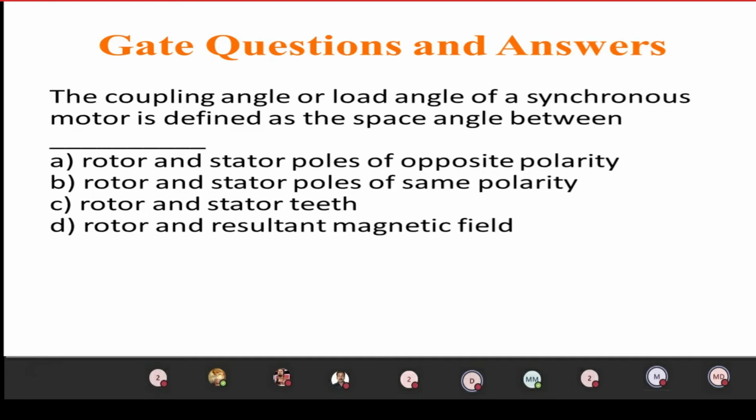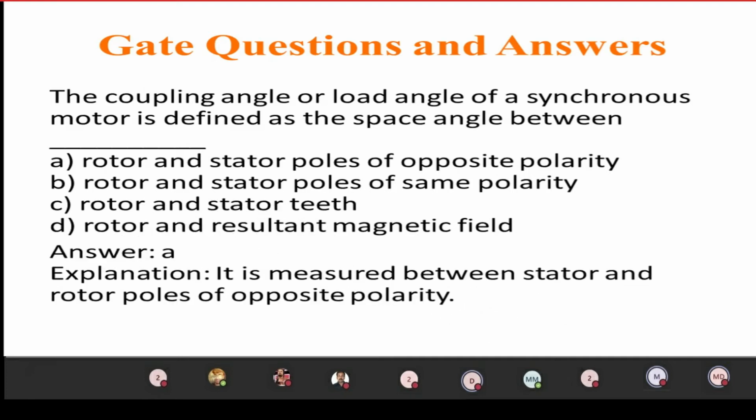We have four different answers: rotor and stator poles of opposite polarity, rotor and stator poles of same polarity, rotor and stator teeth, rotor and resultant magnetic field. So let me easily identify: rotor and stator poles of opposite polarity. It is measured between stator and rotor poles in the opposite direction.